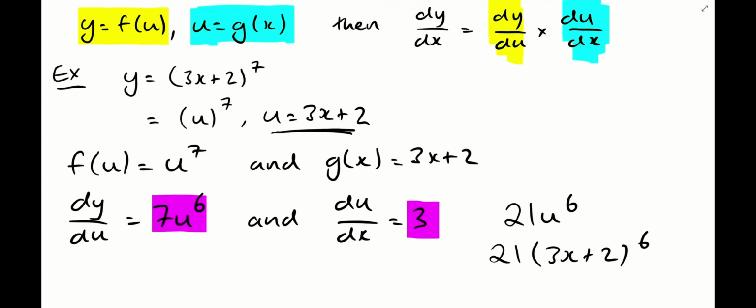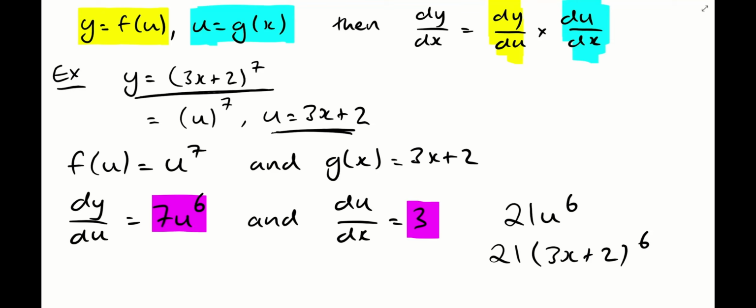So what we've done is we've rewritten this function here in terms of a function of u. So in this case, we've let it be u to the power of 7. But u is in this case equal to 3x plus 2. So anything inside the brackets we've just written as u, and we've made a substitution there. Okay, we then found the separate derivatives and multiplied them together.